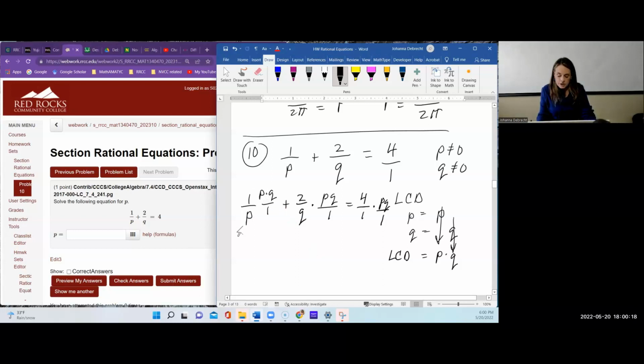In the first fraction, the P's cancel, and that leaves me with simply Q. In the second term, the Q's cancel, and that leaves me with 2 times P, or 2P. On the third side, I have 1 times 1 in the denominator, which is 1, so I don't have to write it, and 4 times PQ.